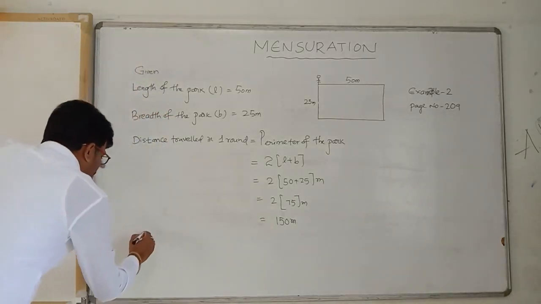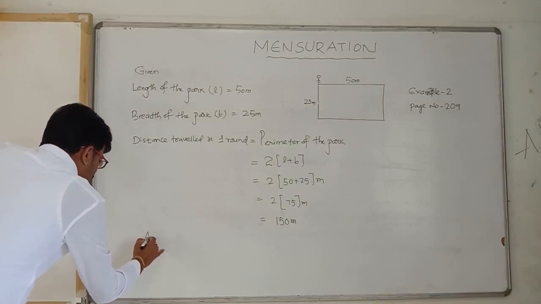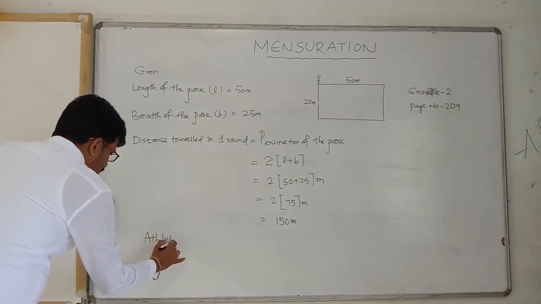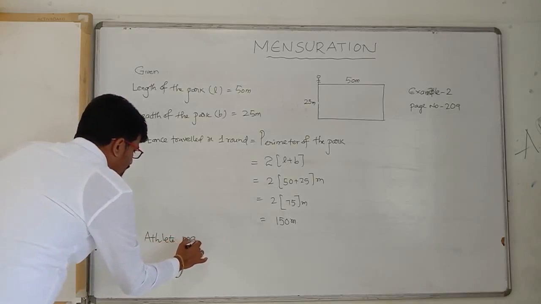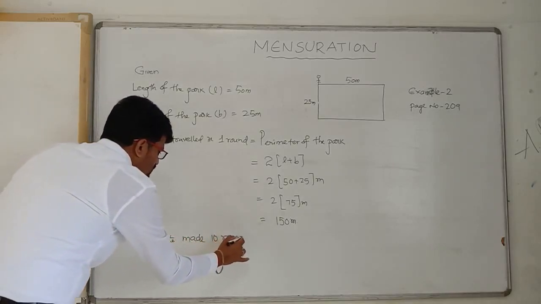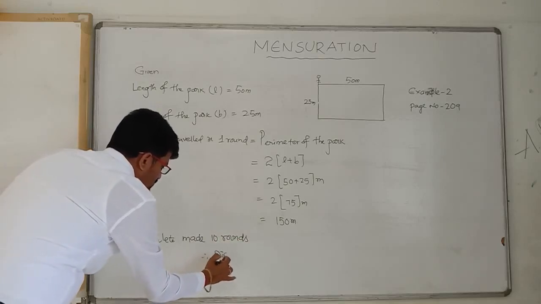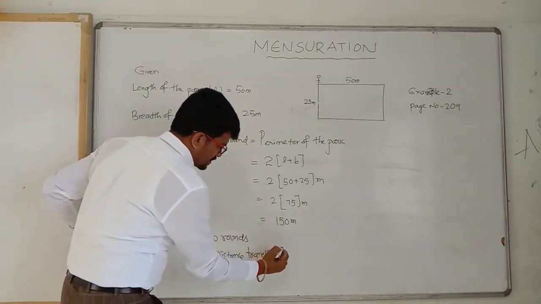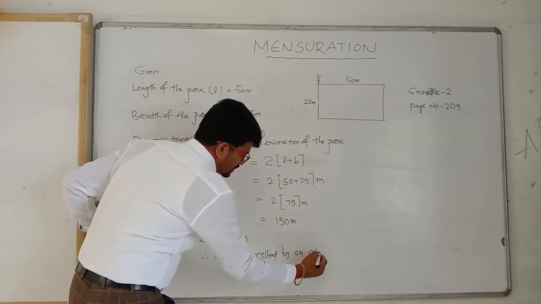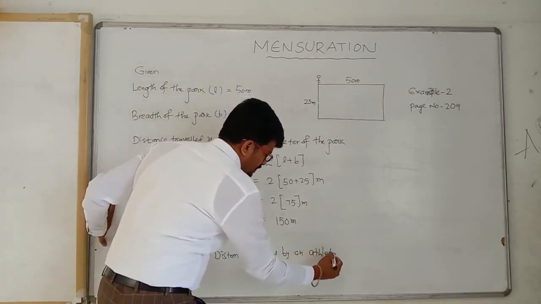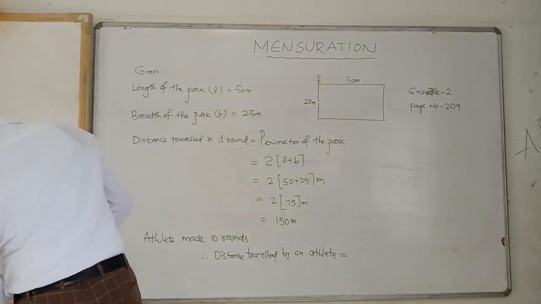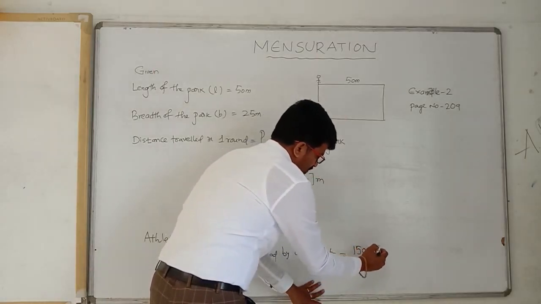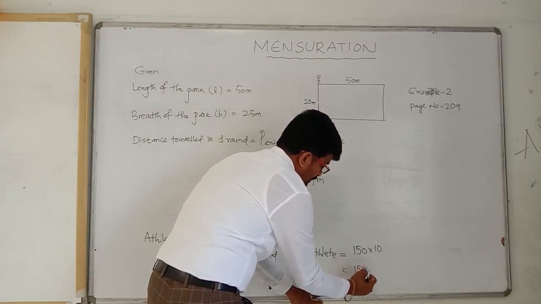But the athlete made 10 rounds. Therefore, distance traveled by the athlete: okay children, one round is equal to 150 meters, so for 10 rounds, that implies 1500 meters.